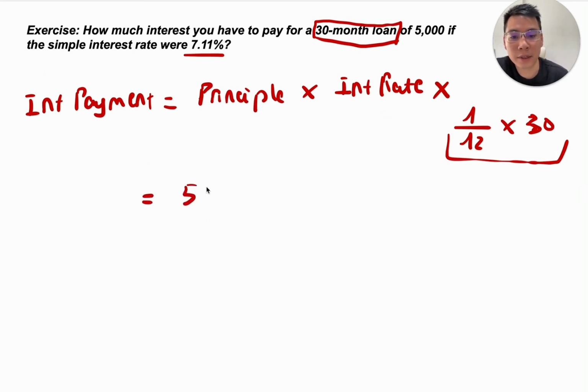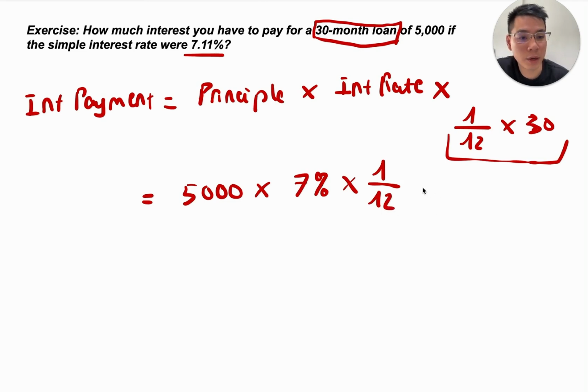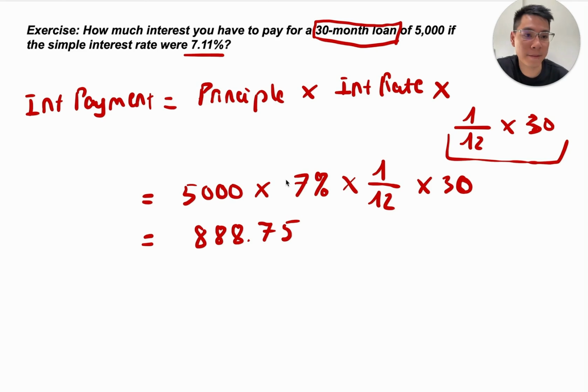It's a $5,000 loan at 7% interest rate. Each period we pay based on 1/12, and we times 30 periods or 30 months. That's going to give us around 888 times 0.75. That's the addition to this.